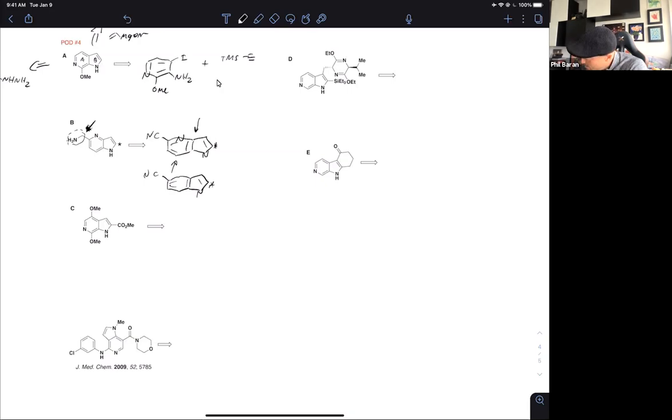But here I've installed that annoying nitrogen, and now regiochemistry will be your big problem as a radiochemist. So I need to go back to the indole synthesis chapter and think about a way to ensure that I'm installing that one carbon there with the proper regiochemistry relative to the nitrogen. So do you have another idea for us besides Fischer?